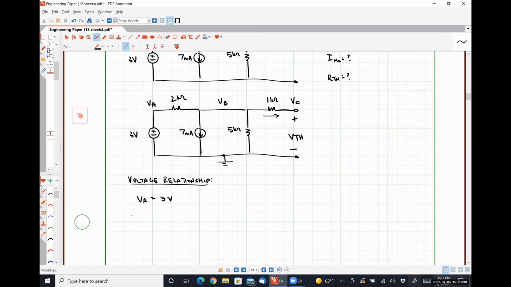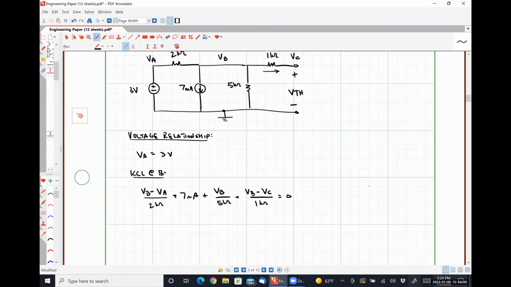So KCL at node B is going to be VB minus VA over 2 kilo ohms plus 7 milliamps plus VB over 5 kilo ohms plus VB minus VC over 1 kilo ohm is equal to 0.